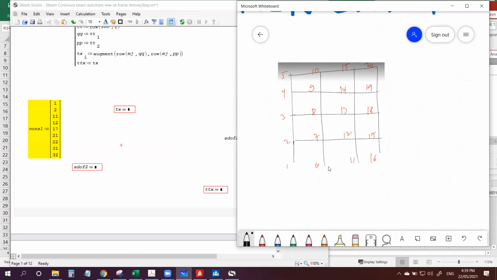So this code is 1, 2, 4, 6, 8, 10, 12, 14, 16, 18, 20, 21, 22, 24, 26, 28, 30, 32.